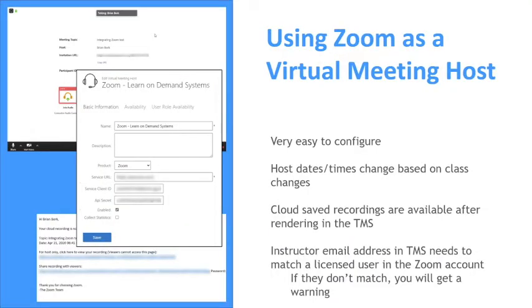All right. So now we're going a little bit deeper into the integration, a little bit more capability, and a little bit of configuration that's needed. We do have some configuration that's needed for using Zoom as a virtual meeting host. You bring your licenses and your licensed accounts to us, and we, Learn on Demand Systems, will work with you in order to put your integration in place.